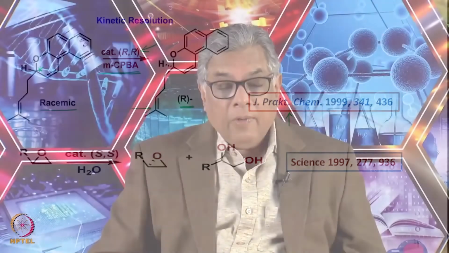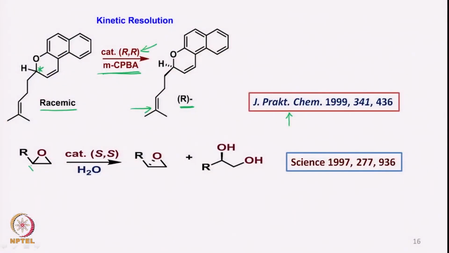But this kind of salen complex has also been used more or less like a Lewis acid catalyst, which is chiral. For example, if we start with this kind of racemic epoxide, a simple small molecular weight epoxide like this, and we use a catalytic amount of the manganese 3 complex, the intention is not to do epoxidation because there is no olefin, so epoxidation does not occur.